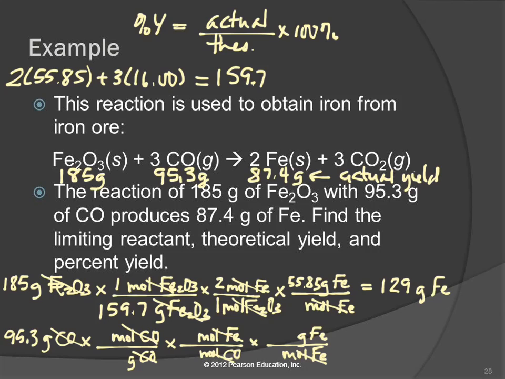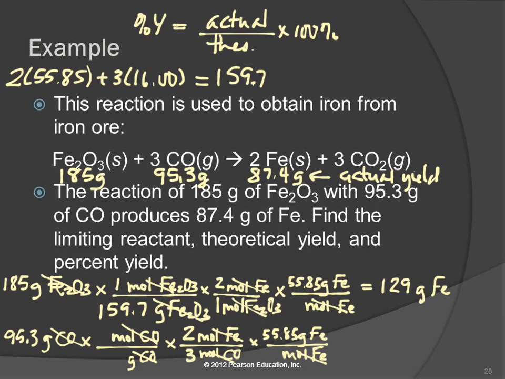It's 2. And in front of carbon monoxide is a 3. So that goes down here. These numbers come from the equation here. The last term is going to be the same, 55.85.